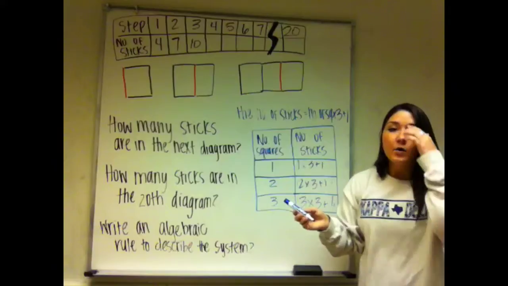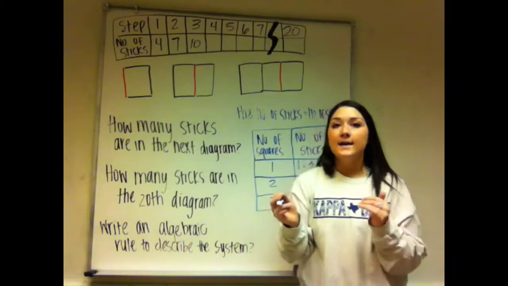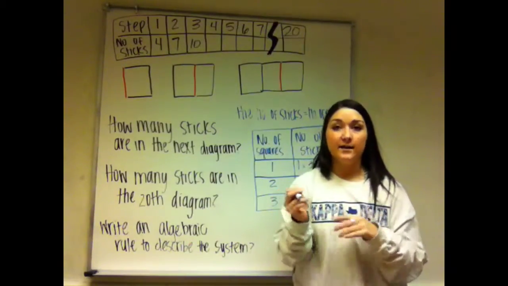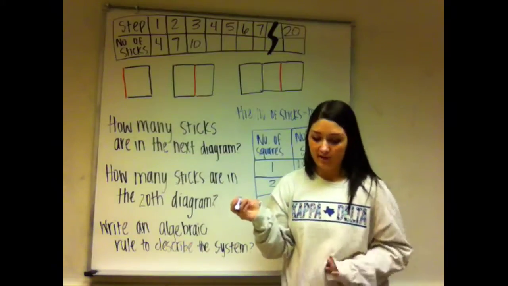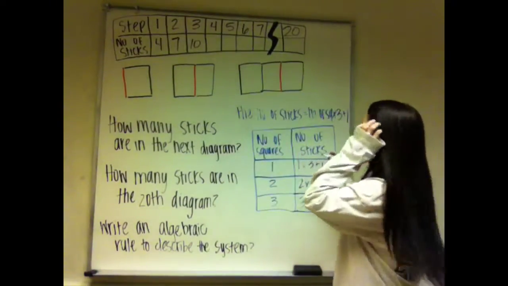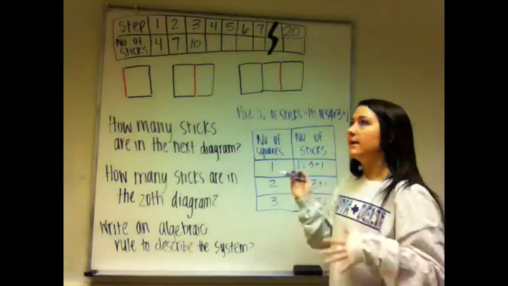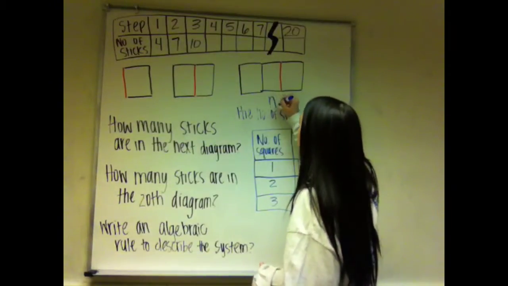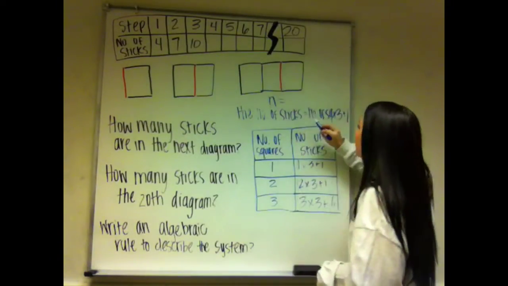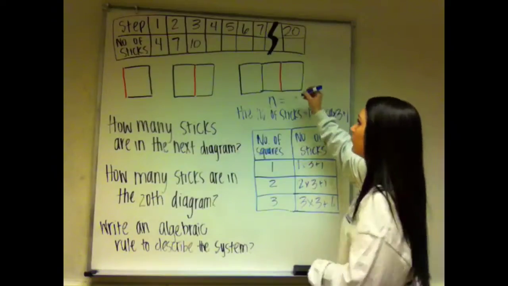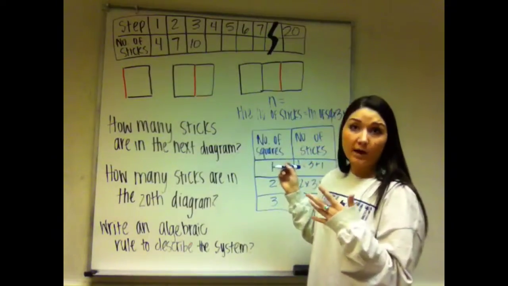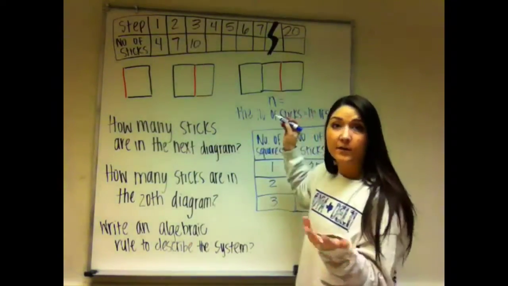So now we can make an actual algebraic rule for the diagram. If it's saying the number of sticks, we can make that n. And then it's equal to the number of squares, so we can make it s for the squares.